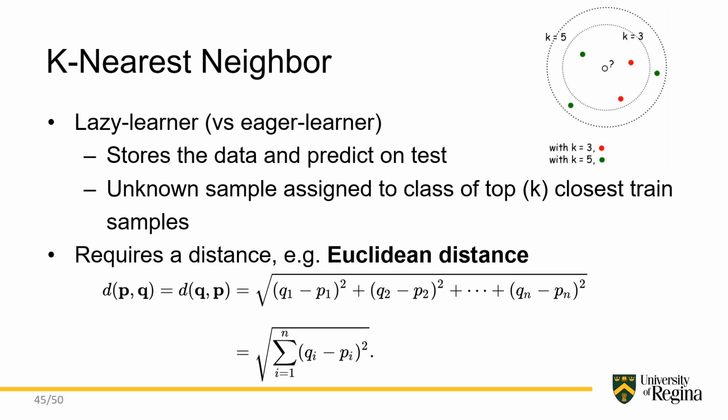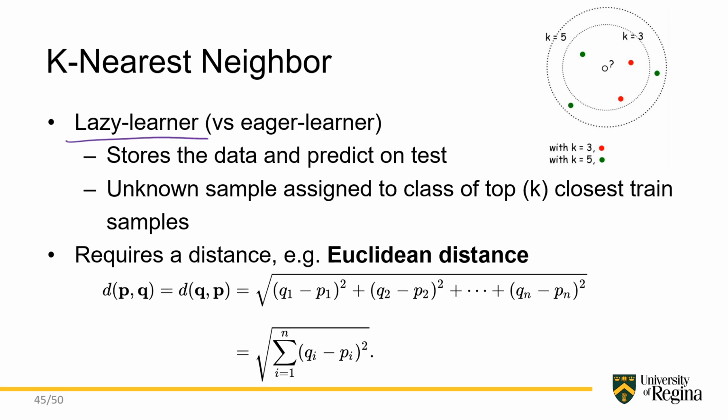Here I want to try to explain how one of these models works. KNN, k-nearest neighbor, is a lazy learner, as opposed to an eager learner, which is what other types of classifiers are.